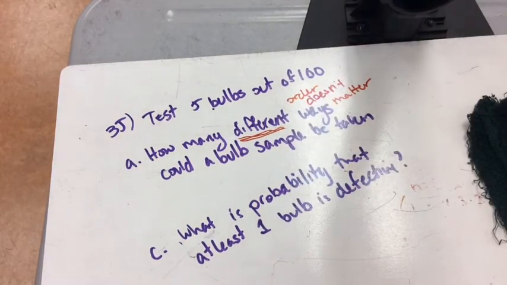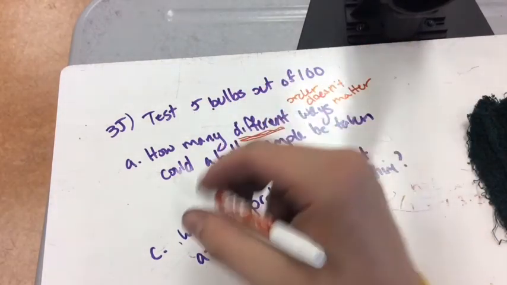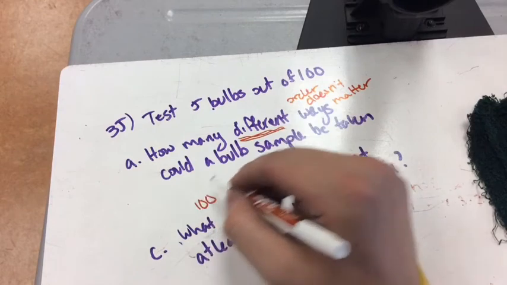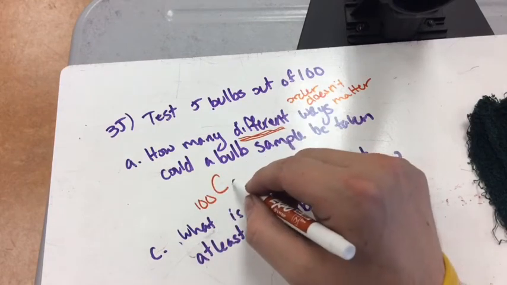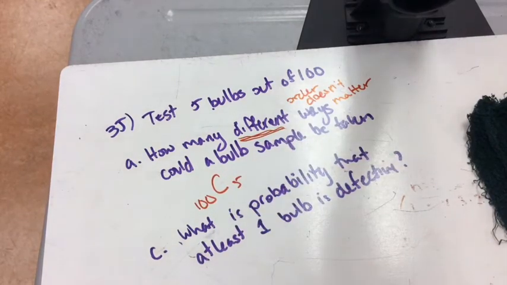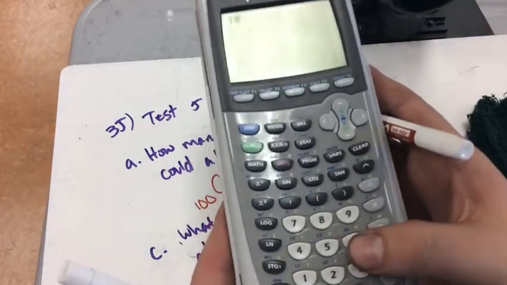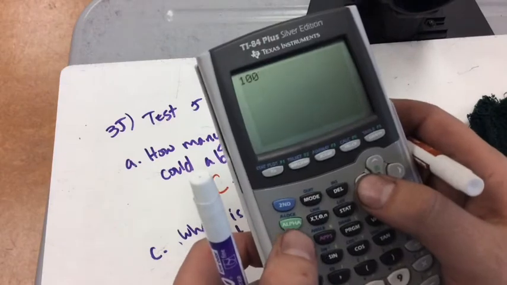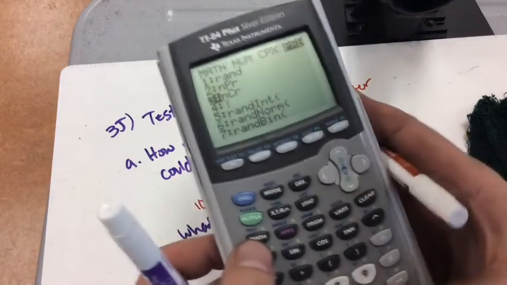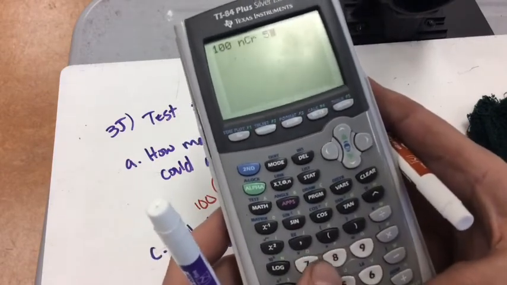If the order does not matter, it means we have the equation of 100 choose 5, which we're just going to shove right into our calculator. So we're going to do 100, math, probability, choose, and we're going to choose 5 of them.